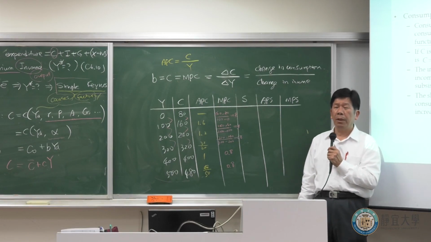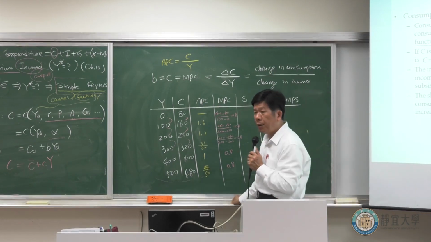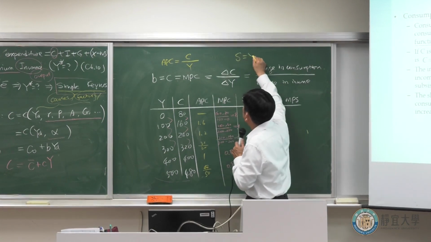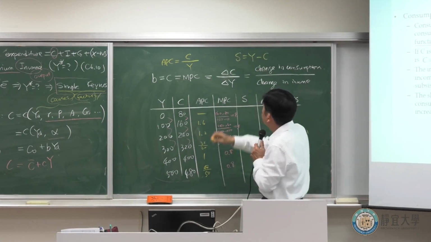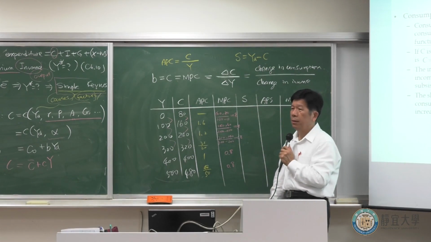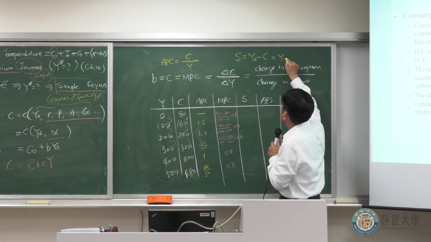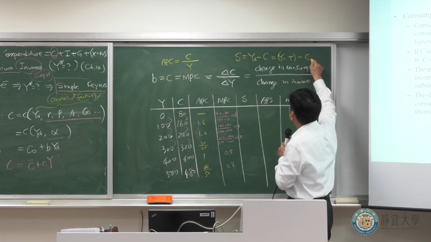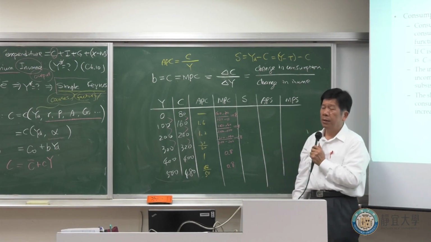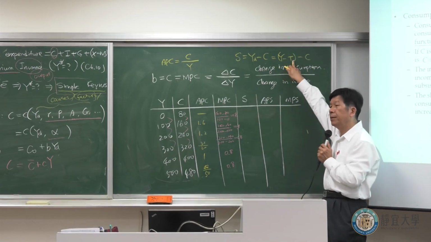And after that we also try to know something about savings. What is savings? Savings is income minus, or YD minus C. YD actually is Y minus T. Because when you have income, you must pay tax.